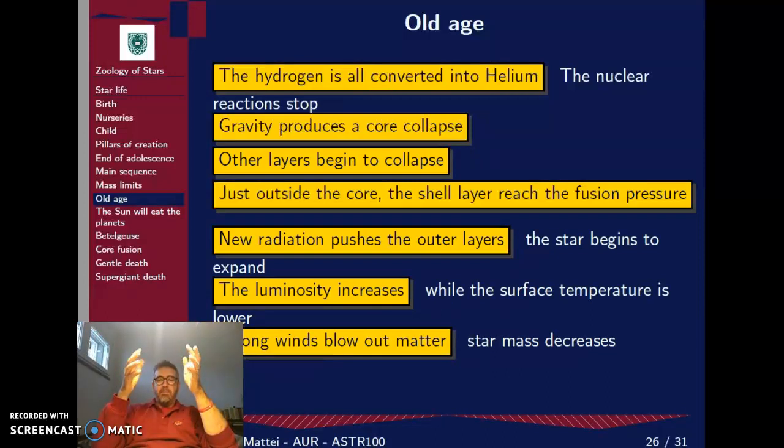How does this happen? It happens because you have a strong, increasing pressure, and this increasing pressure triggers a new nuclear reaction, which now involves the helium you have in the core.